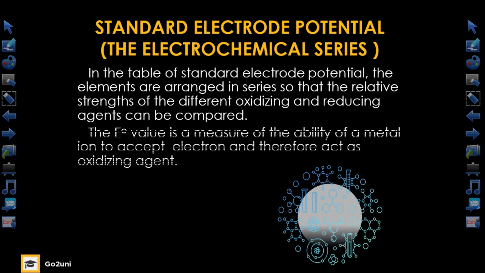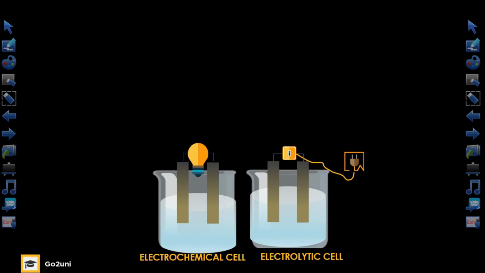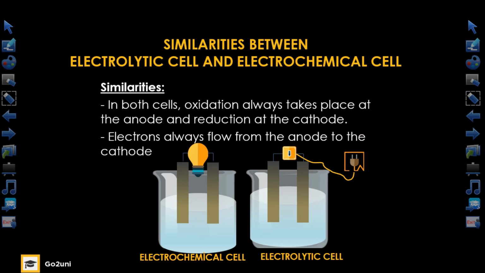But before then, let's take a brief look at the similarities between electrochemical cells and electrolytic cells, so that we remind ourselves of what they are. So what are the similarities between electrochemical cells and electrolytic cells? In both cells, oxidation takes place at the anode, while reduction takes place at the cathode, because at the anode, electrons are lost, while at the cathode, electrons are gained.